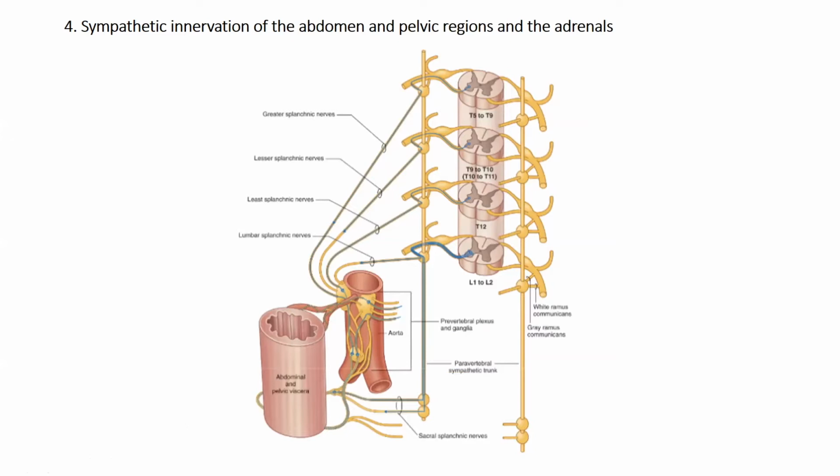It just passes without synapsing, and together with other similar fibers, they make specific nerves called splanchnic nerves.